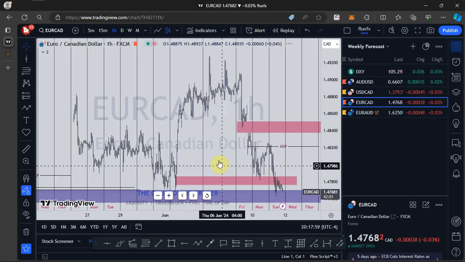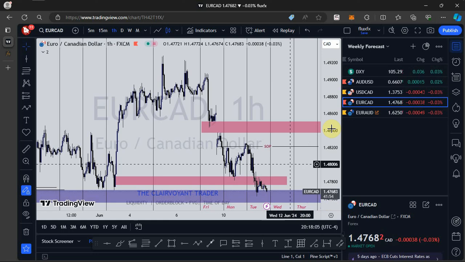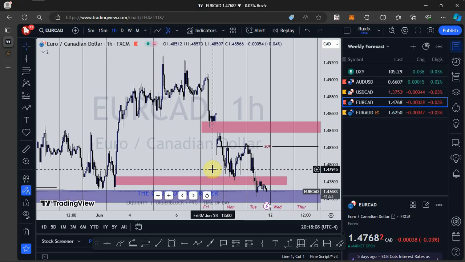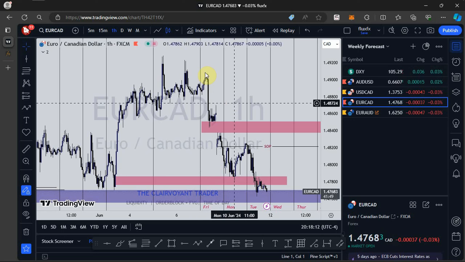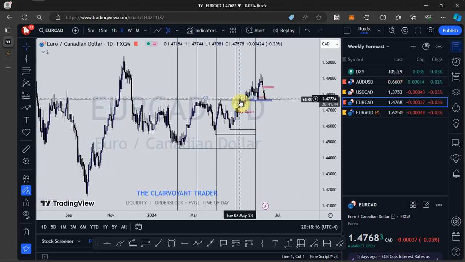If we look at the daily time frame, this zone right here still holds price.